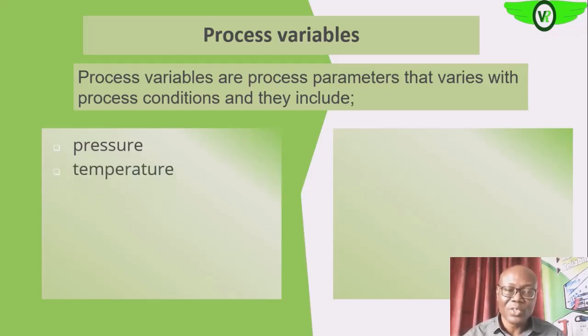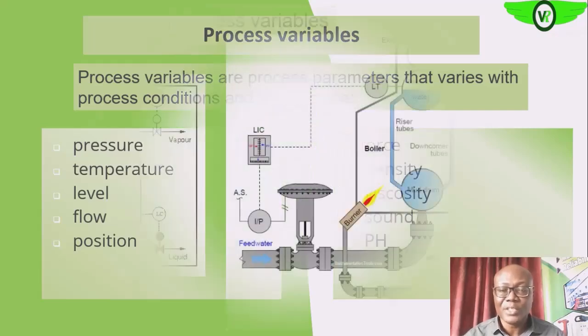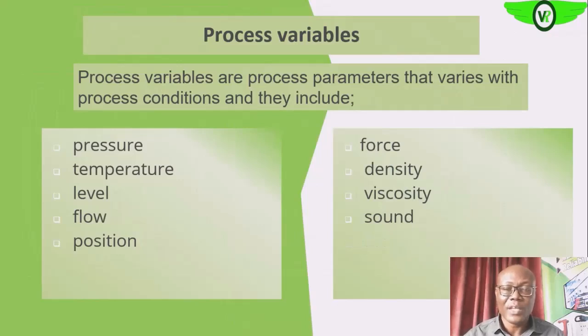We have temperature, level, flow, position, then we also have force, density, viscosity, sound, and even the pH of the process. All of these can change with changing process conditions, and they can affect our process or the output from our process.